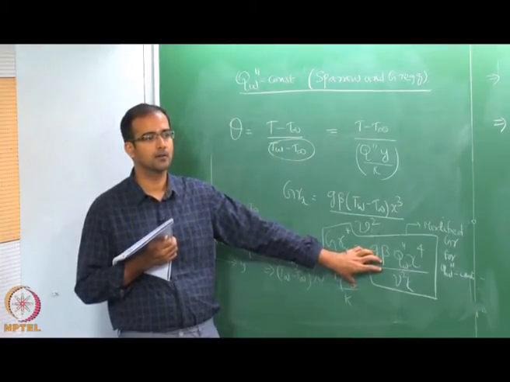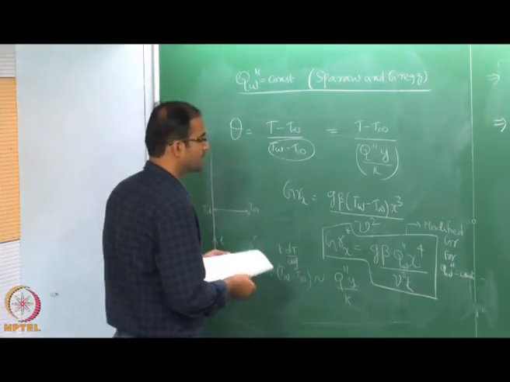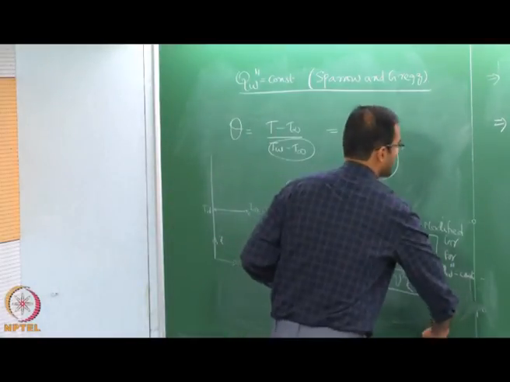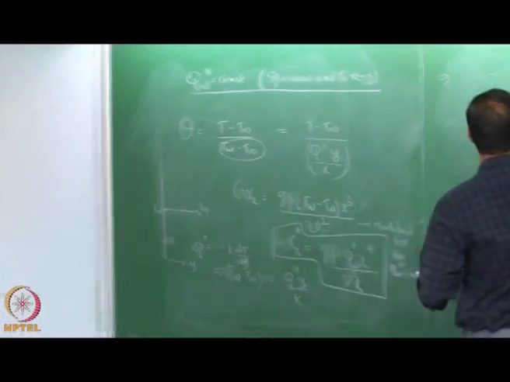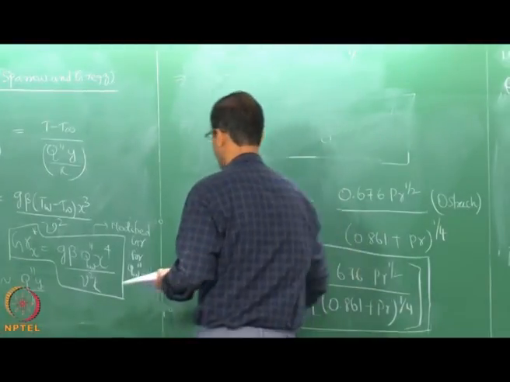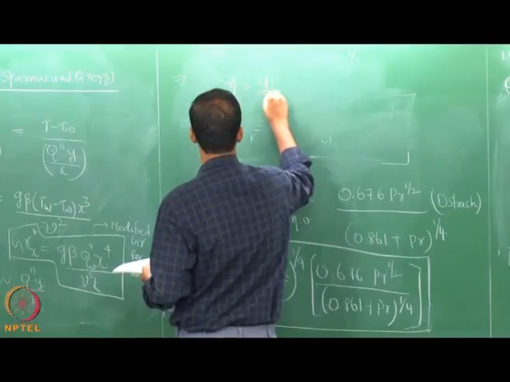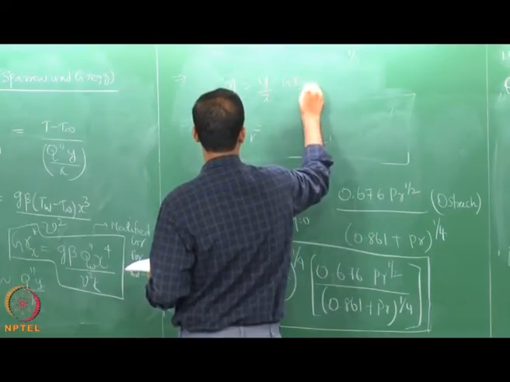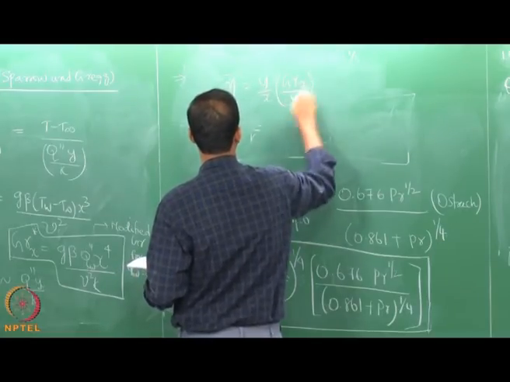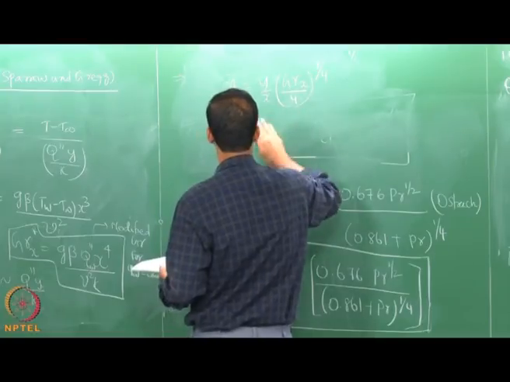So, this will be the starting point for defining the similarity variable. What was the similarity variable in the constant wall temperature case? We have eta equal to y by x, times your normal Grashof number by 4 raised to the power 1 by 4.